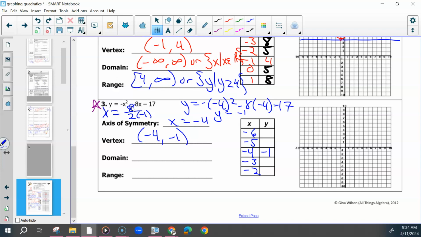All y values. Like I'm saying the y values. Can I say all of them? I really just need two of them, then it's going to repeat. -3 and -2.